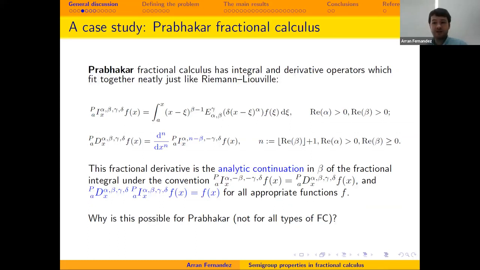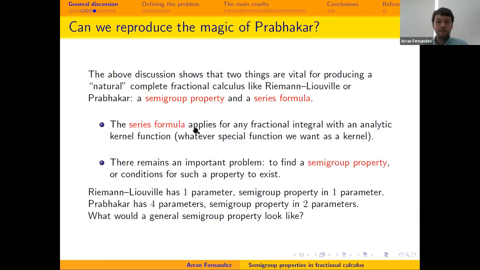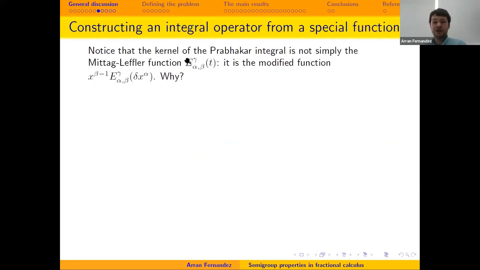We have modified this E alpha beta gamma function. We have put in a power function inside the brackets and another power function as a multiple. So we're not just considering E alpha beta gamma of t as a kernel, we're considering this modified Mittag-Leffler function.